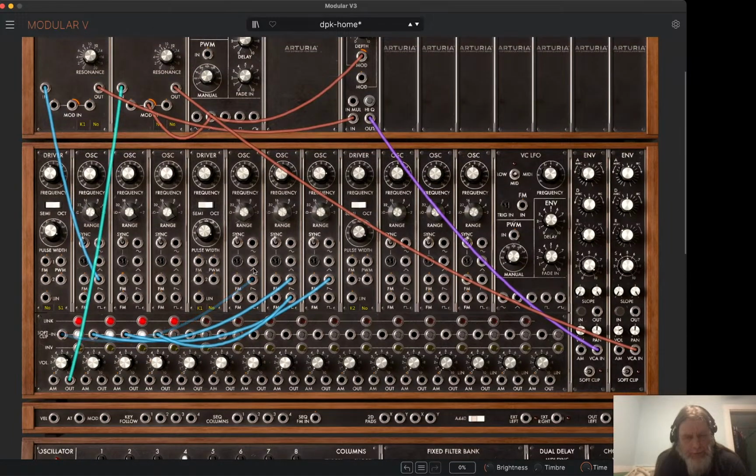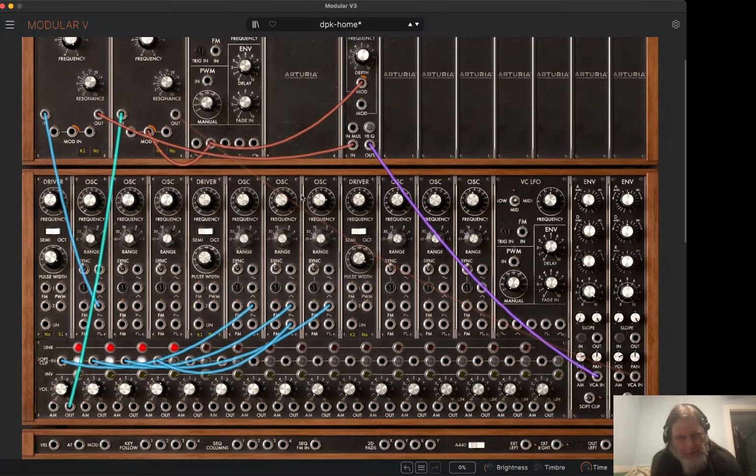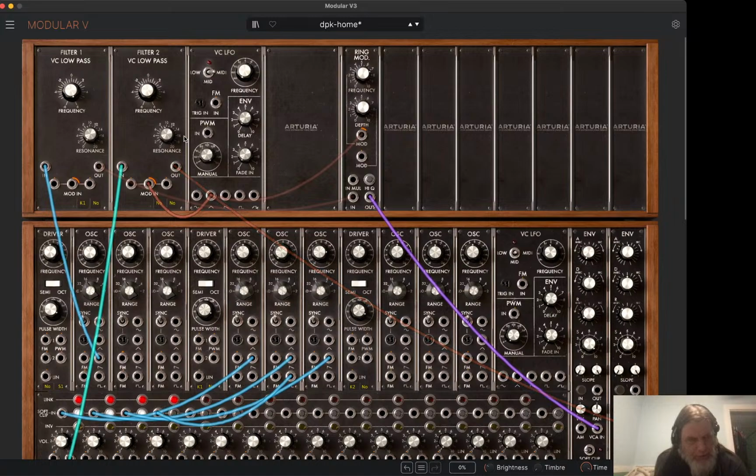Then, triggered by the keyboard, I've got three oscillators, one with two waveforms, a sawtooth and a square wave. The sawtooths are set apart each by an octave: one high, one normal or in tune, and one lower. That's also being passed through a filter that's modulated by an LFO, a low frequency oscillator.